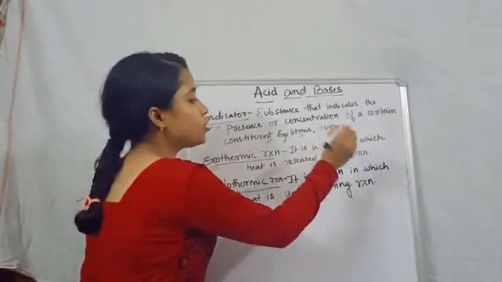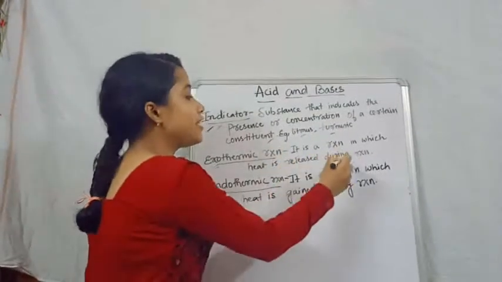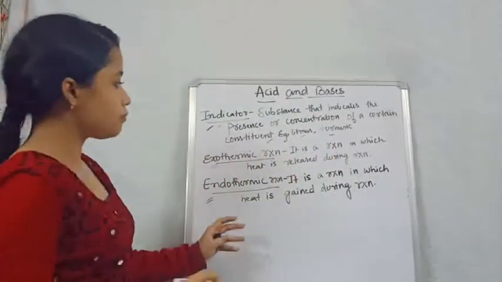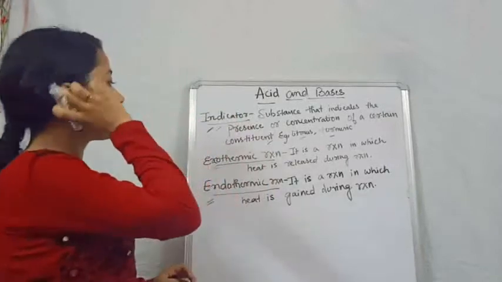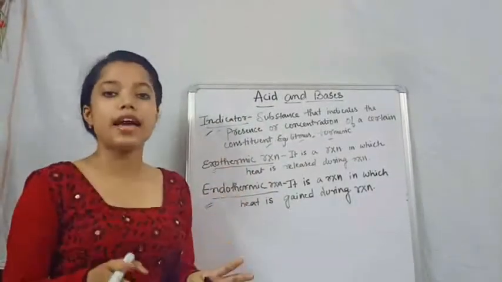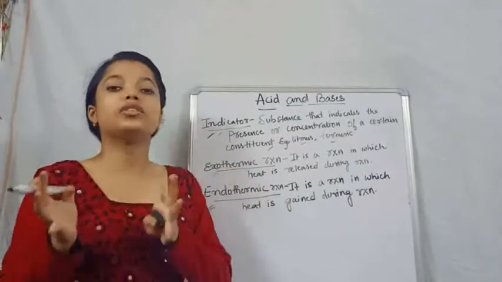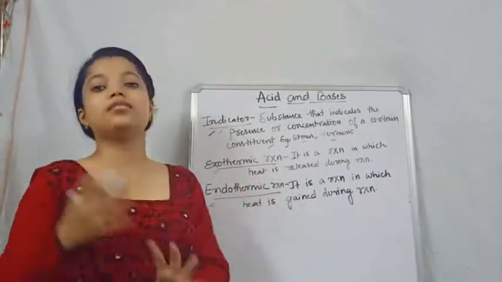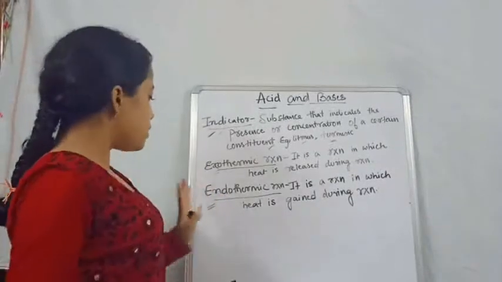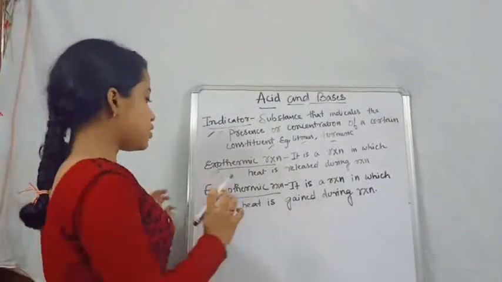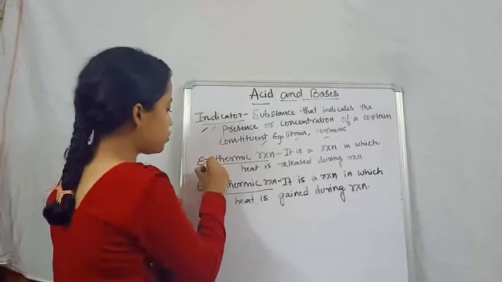It is a reaction in which heat is released during the reaction. Means, an exothermic reaction is a reaction where heat is released in order to make the reaction happen. Means heat is released into the universe. Okay. Now, what is an endothermic reaction? As you can see, exo. Exo means what?